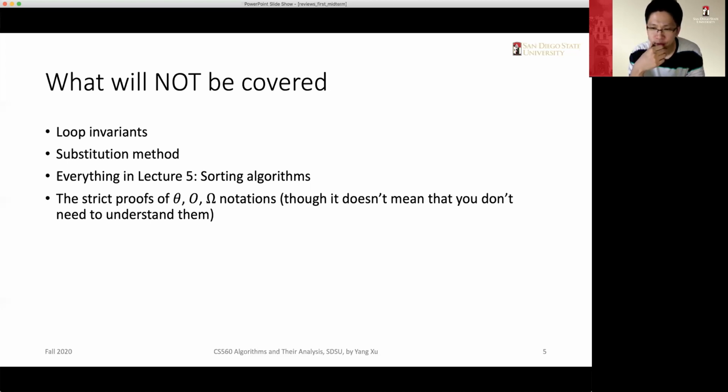And lastly, there's one point. I won't have questions regarding the strict proofs of big theta, big O, big omega. I will have some questions in the final and not in the first midterm, mainly because we had practice in the quiz and also in the first assignment.